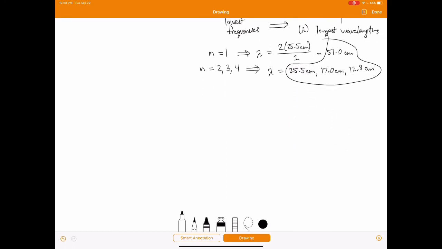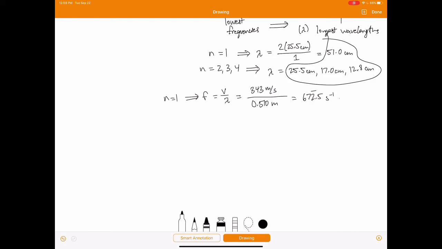So next, we'll calculate the corresponding frequencies, where f, again, is equal to v divided by lambda. For n equals 1, this gives us 343 meters per second for the speed, divided by 51 centimeters, or 0.510 meters for the wavelength, which comes out to 672.5 inverse seconds.